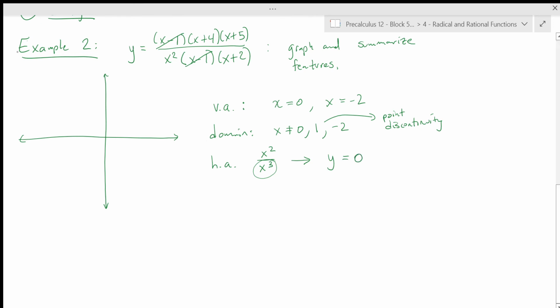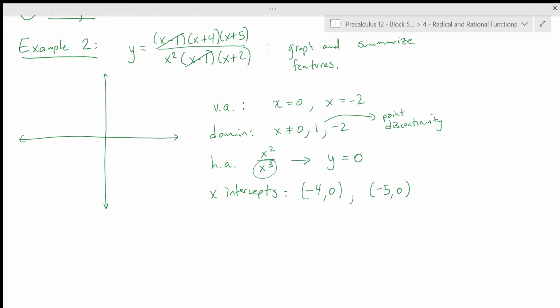Okay, next let's look at the x-intercepts. What makes the top 0? We have an x-intercept at (negative 4, 0) and (negative 5, 0). And again, remember how I've said a couple times that you can cross the horizontal asymptote. This is evidence. We have a horizontal asymptote at y equals 0, but we have 2 points that actually intersect that horizontal asymptote.